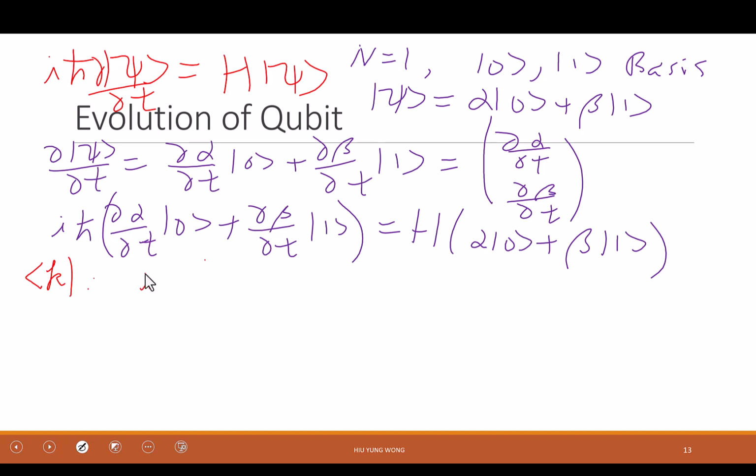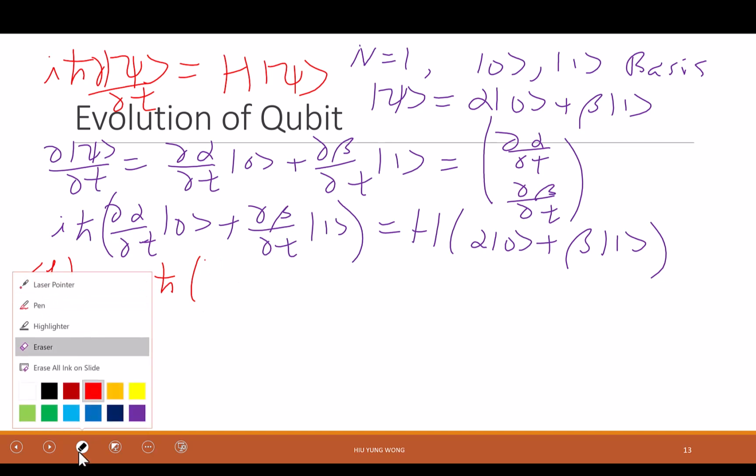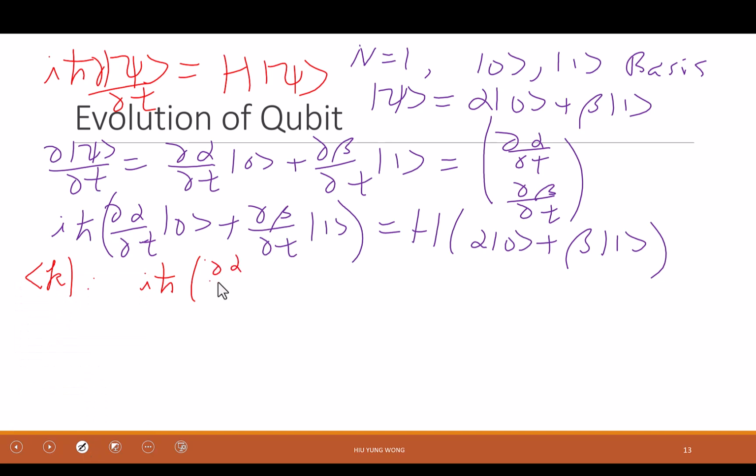This becomes i h bar partial alpha partial t k 0 plus partial beta partial t k 1 on the left hand side.